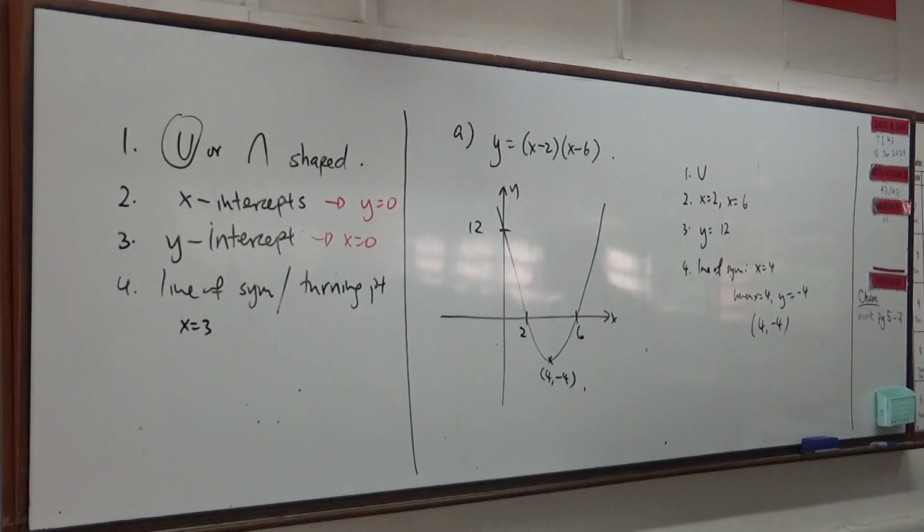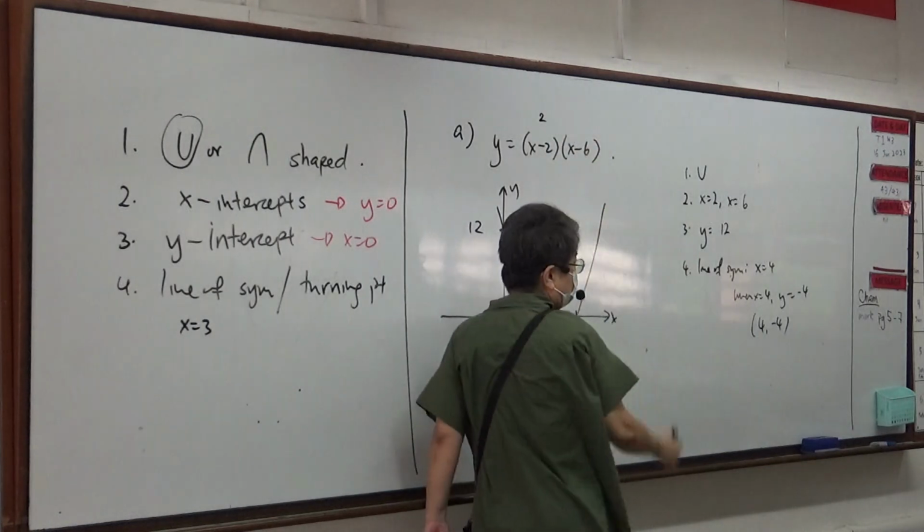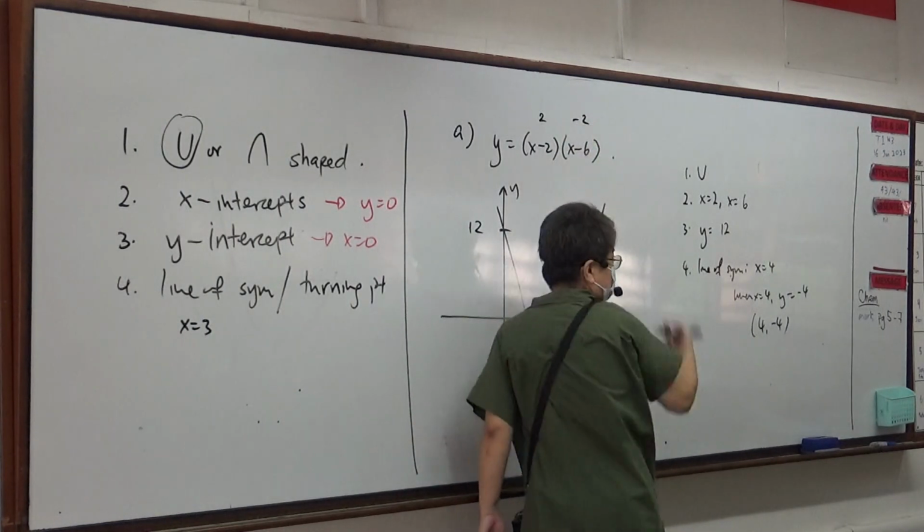Are we all clear? Okay, take this down. All of you, take this down. I stop at 4 here, what do I get? 2, right? I stop at 4 here, what do I get? Negative 2.